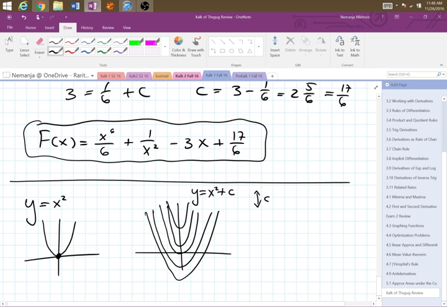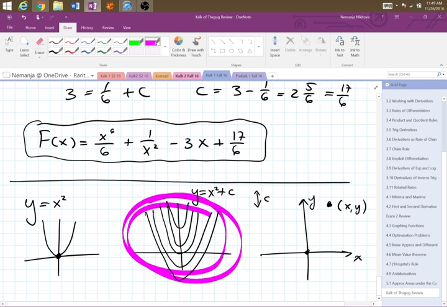So if I draw a coordinate system like this, x and y, and give you an arbitrary point xy, like we had 1, 1, but you can have anything, you have to understand that out of all of these infinitely many functions, only one will go through that point.